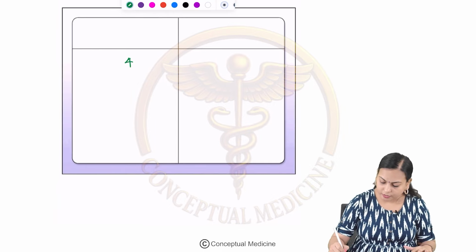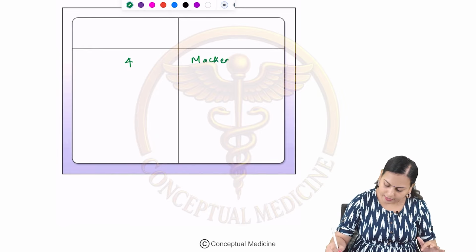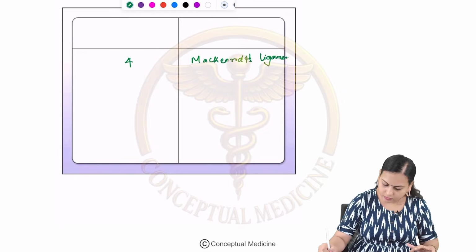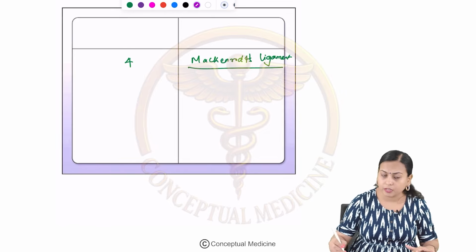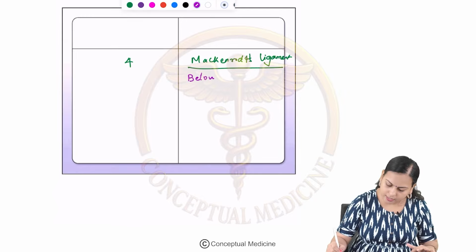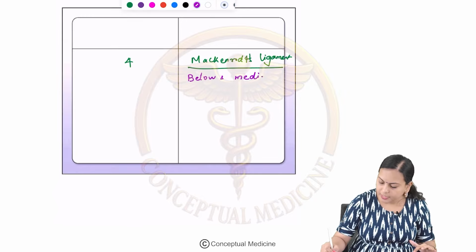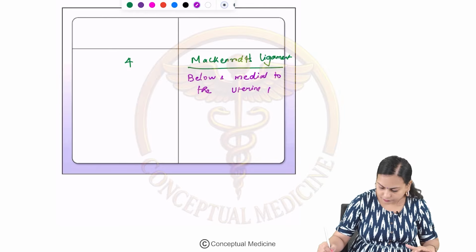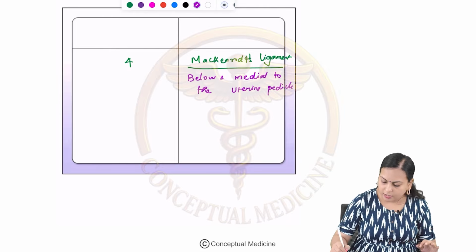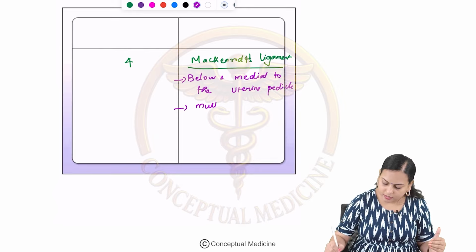Clear? Now coming to the fourth important clamp. This is done for the Mackenrodt's ligament. So this will be put below and medial to the uterine pedicle. Multiple clamps may be needed.